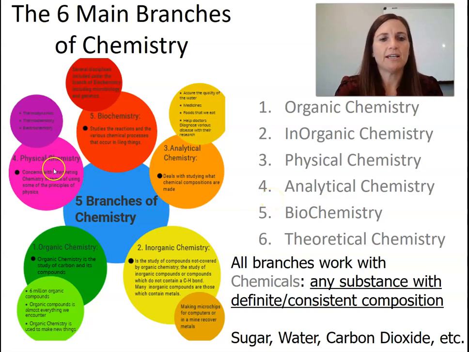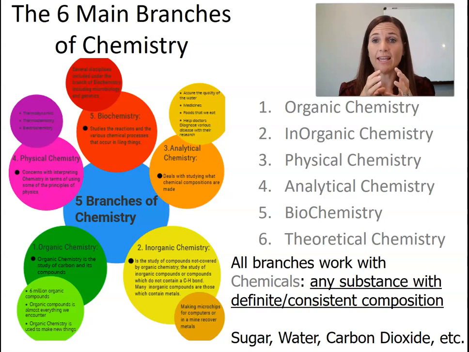Physical chemistry is over here. Physical chemistry is interpreting chemistry using some principles of physics. So when we said chemistry is the central science, right? As chemistry becomes physics, we call that physical chemistry. So thermodynamics, energy, electrochemistry, those are components of physical chemistry.